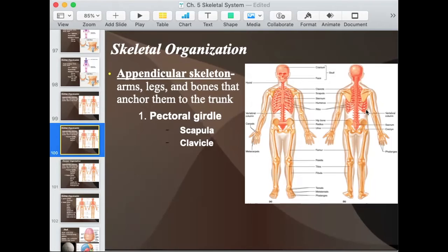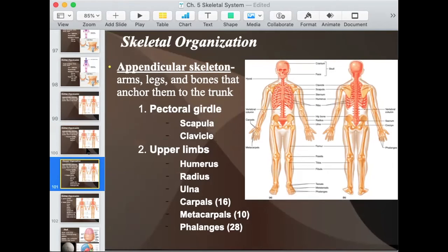It includes the pectoral girdle, which would be the collarbone and the scapula. The collarbone is also called the clavicle. The scapula is called the shoulder blades. Those two parts connect to the arms, and that connects to the upper limbs, which would be your arms.